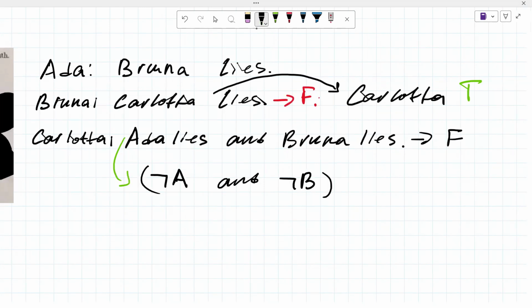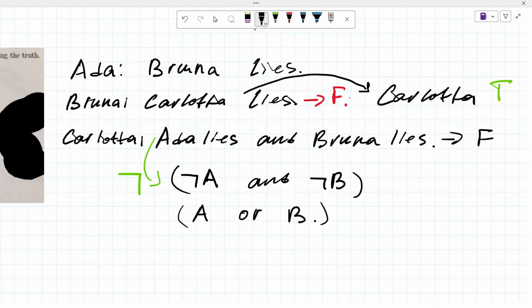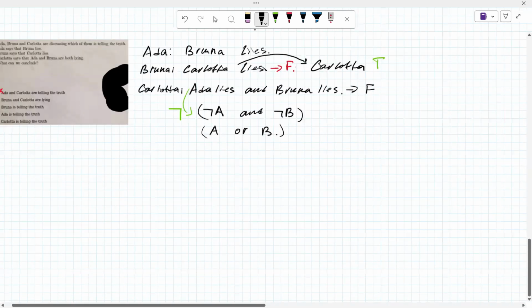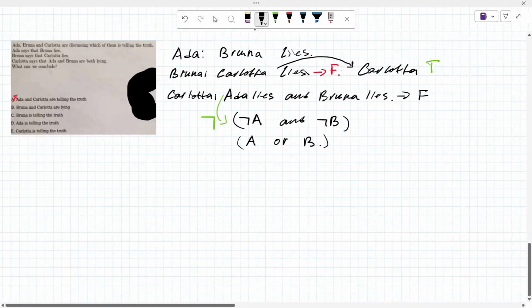And what we will have here is A or B. Do you see any inconsistency here?